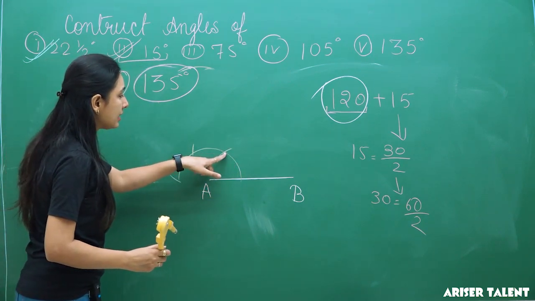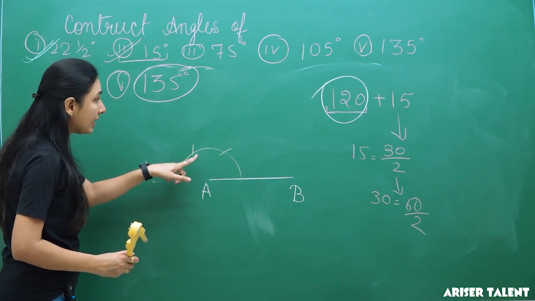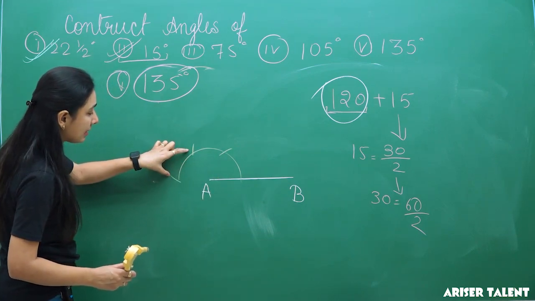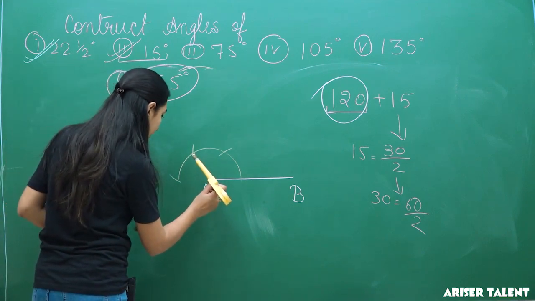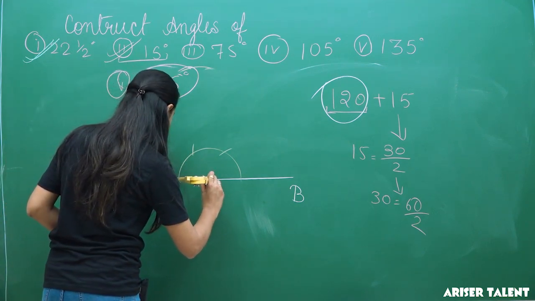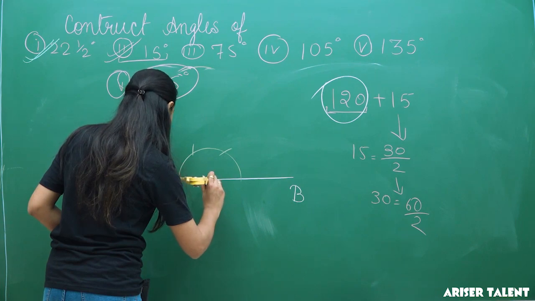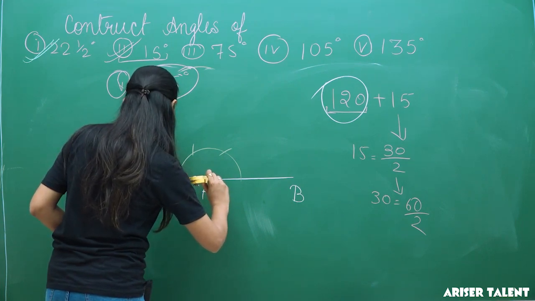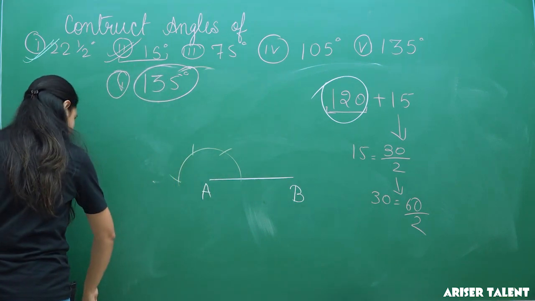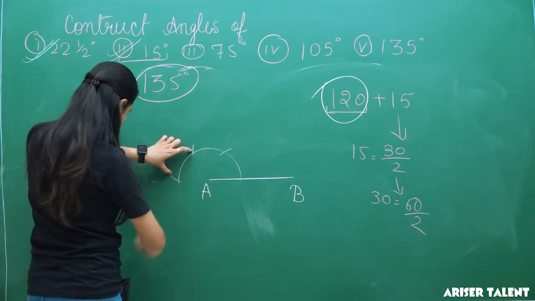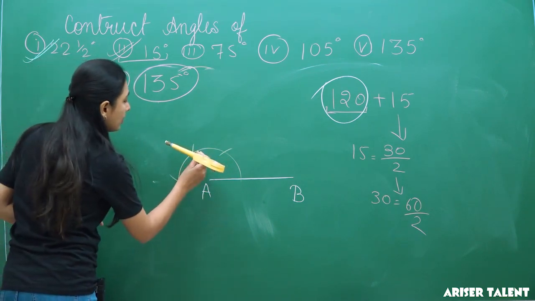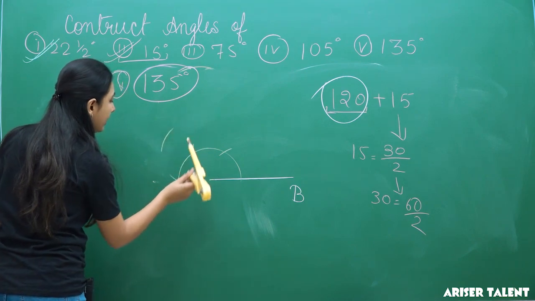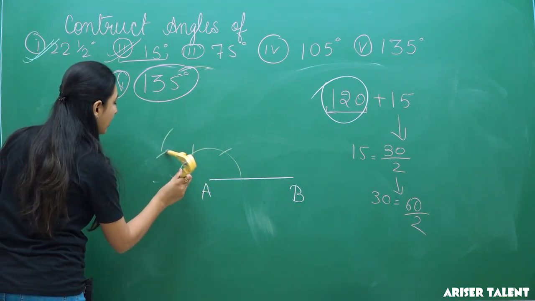So this is 60 degree, this is 120 degree, and after 120 degree, this is another 60 degree. You can just halve it, bisect it. How to bisect this angle? From this point cut an arc here, and from this point cut an arc here.